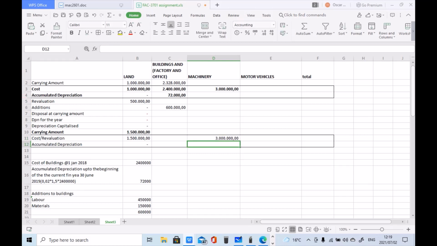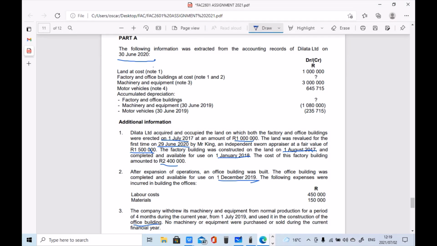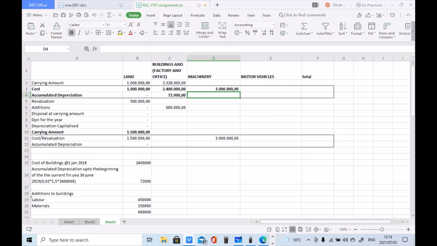But of course the depreciation will be different. Let's look at the accumulated depreciation on machinery and equipment, which is also given, at 1,080,000 at the beginning, so we put that there. Then we can calculate the carrying value, which is basically the difference between the two. So that's the carrying value of our equipment.